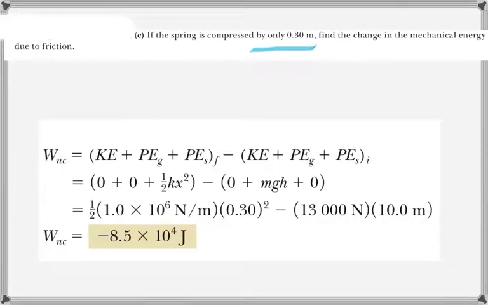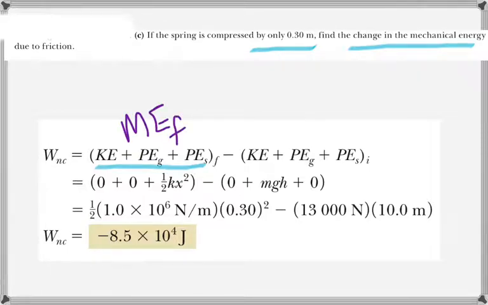That means finding the change in mechanical energy. For the change in mechanical energy, we are going to find the total mechanical energy final, this is MEF. Mechanical energy consists of kinetic and potential energy, and mechanical energy initial. We are going to find MEF and MEI.